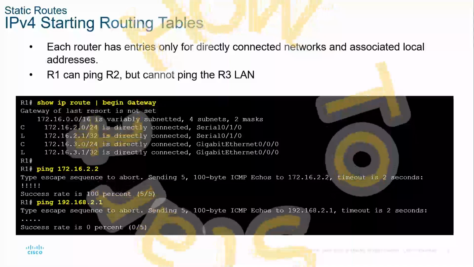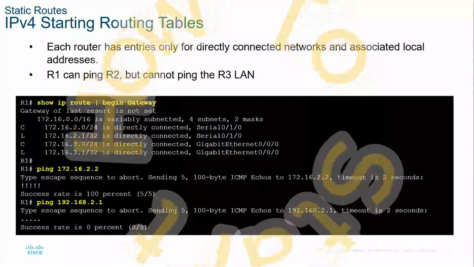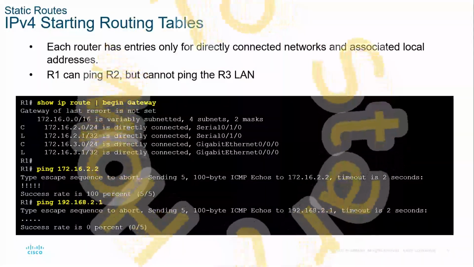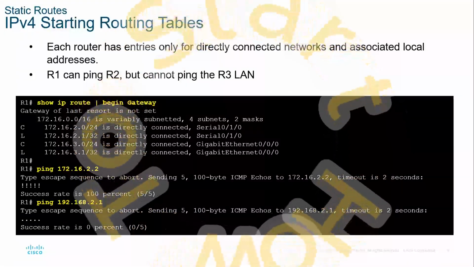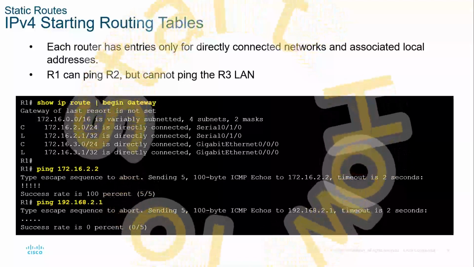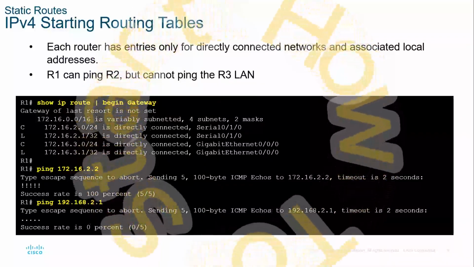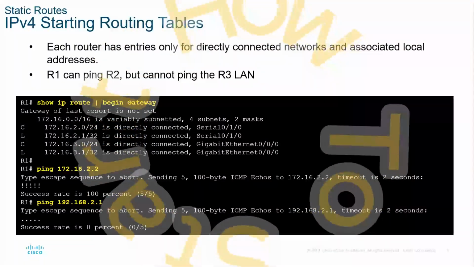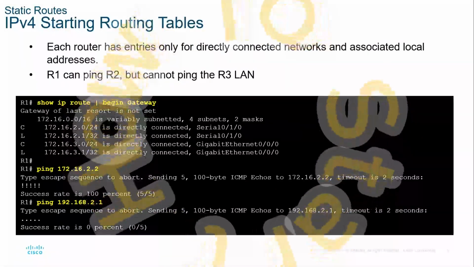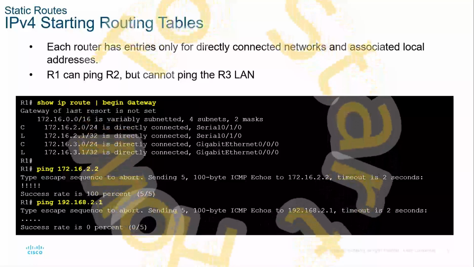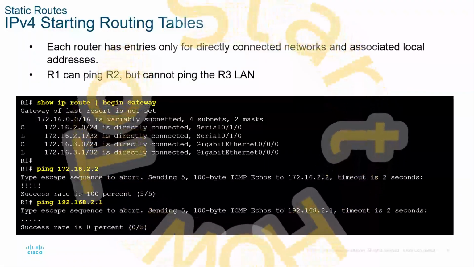Here we have our route information for IPv4, and you'll notice that our pings for one of them work. For 172.16.2.2, it is directly connected, so we know about it. For things on the other side, past the router, that aren't directly connected, we don't know about them.